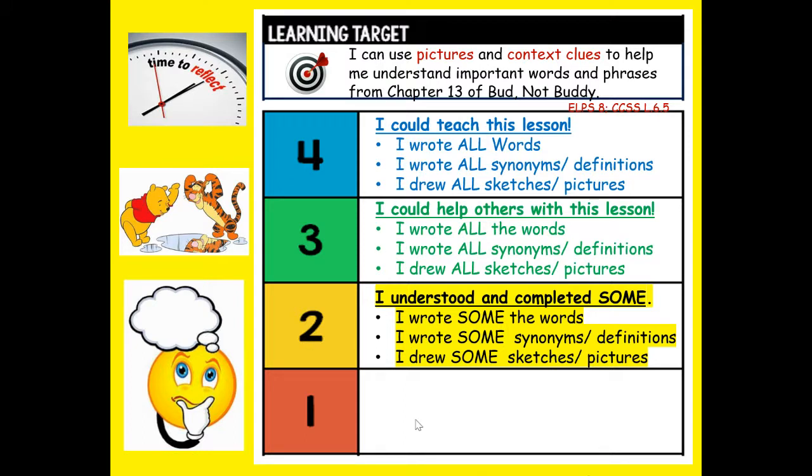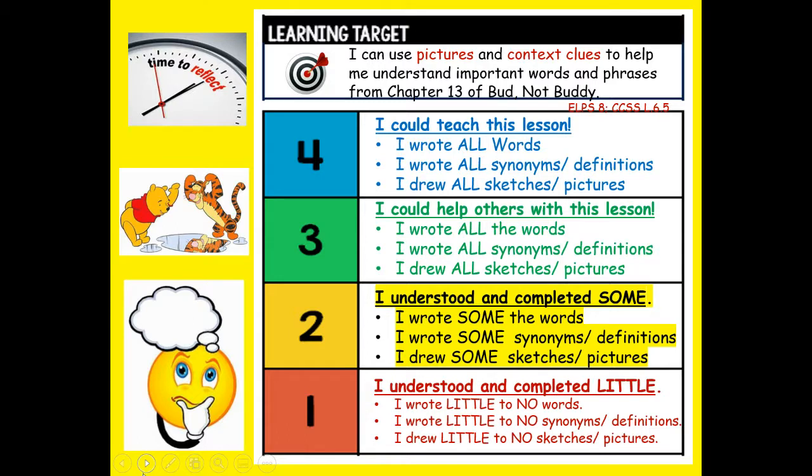That means I wrote some of the words, I wrote some synonyms and definitions, and I drew some sketches and pictures. And finally, 1, I understood and completed little. I wrote little to no words, I wrote little to no synonyms or definitions, and I drew little to no sketches. How do you think you did?